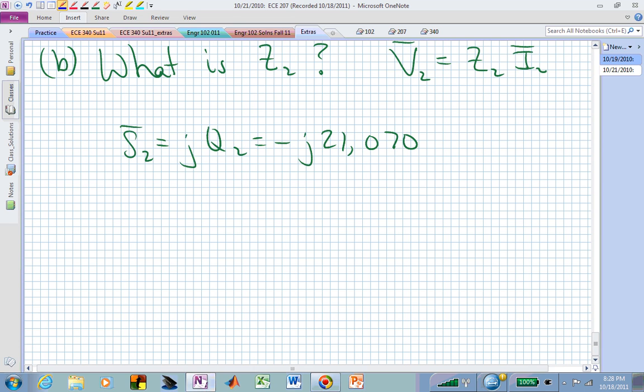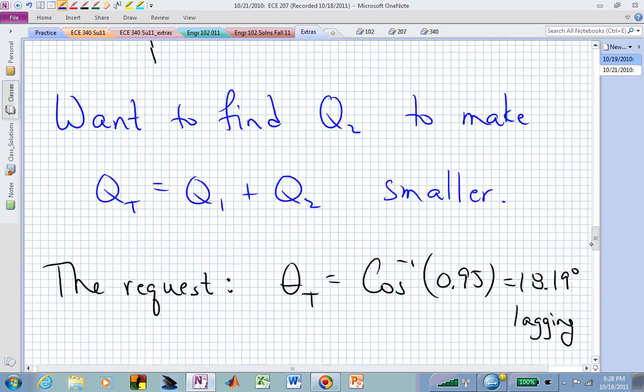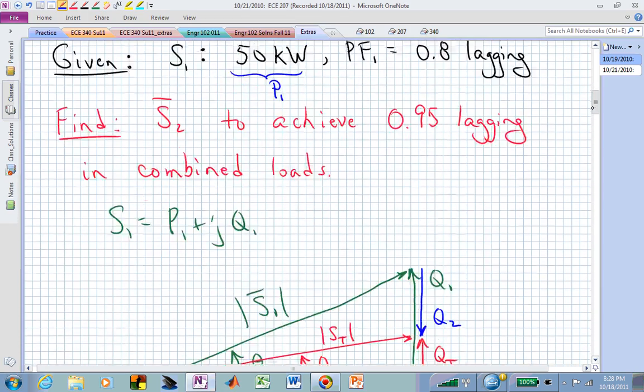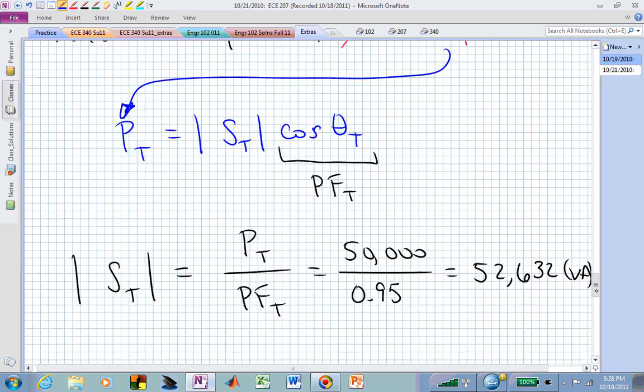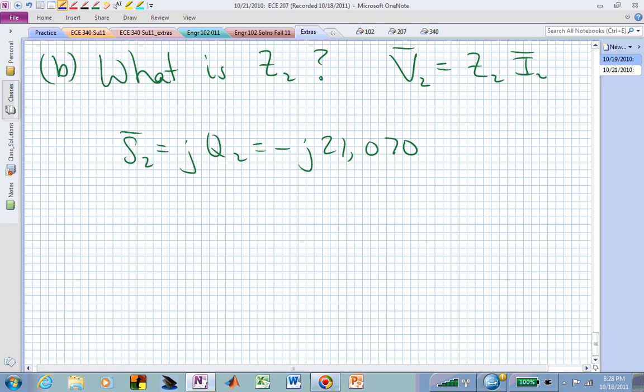All we are told now is S sub 2, and we were given back in the original problem description the voltage across those two loads. It was 230 volts RMS. That's now going to allow us to find the information that we need. V sub 2 is 230 at 0 degrees, and that's an RMS voltage.